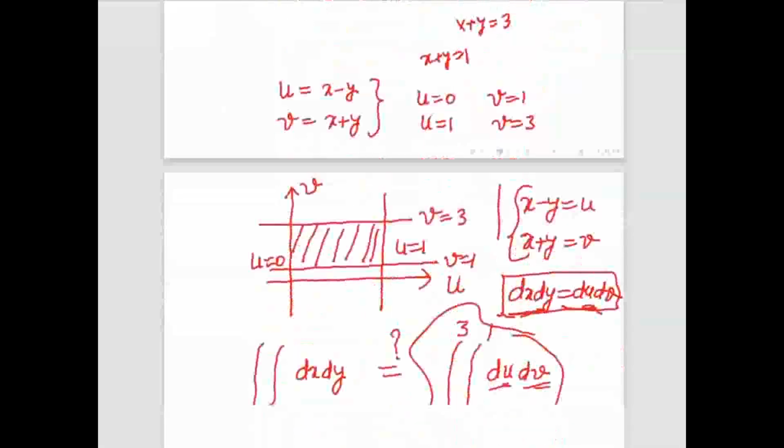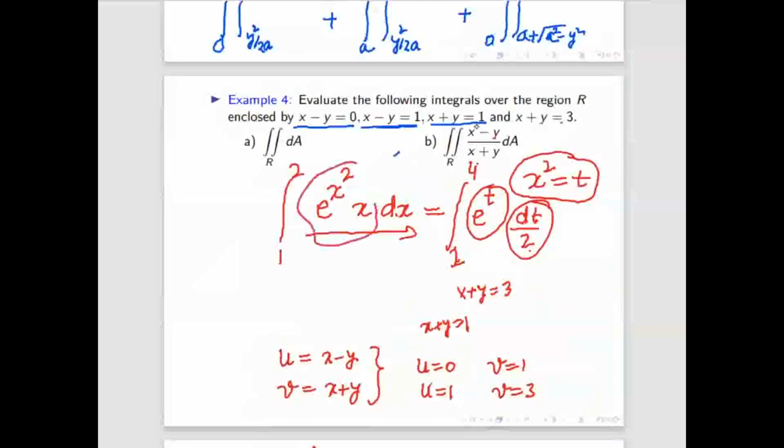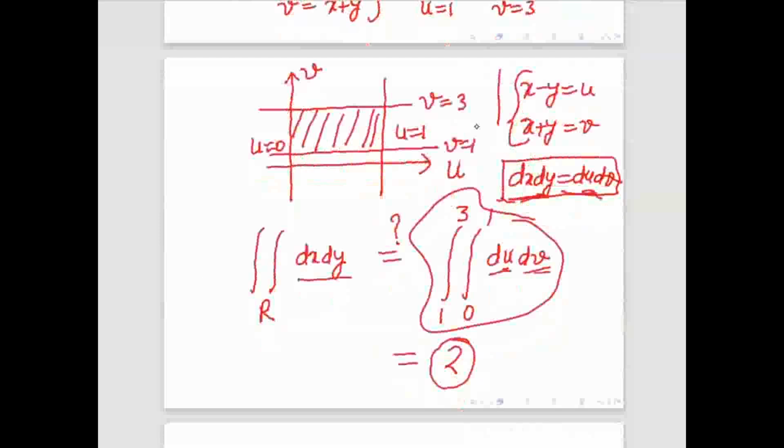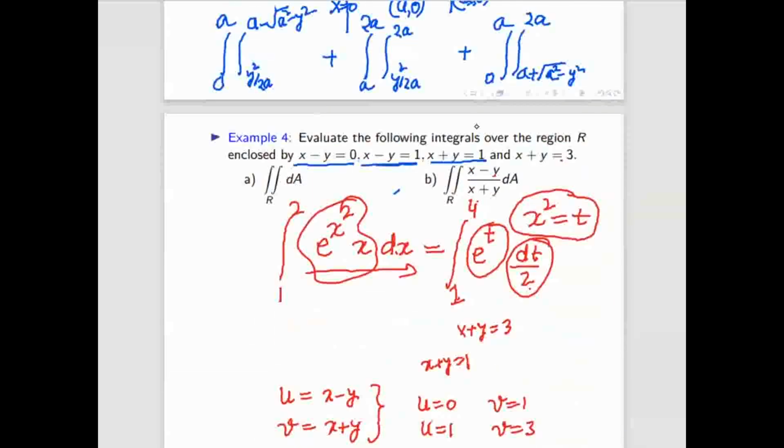I am changing only the limit after assuming u and v. The limit is correct, but there is no function in the integrand. So if there is no function, there is nothing to change, only dx dy equal to something. So what will be the change of dx dy here, so that it becomes du dv? Or suppose this is the question: can you give me what the change will be in du dv if u equals x minus y and v equals x plus y?